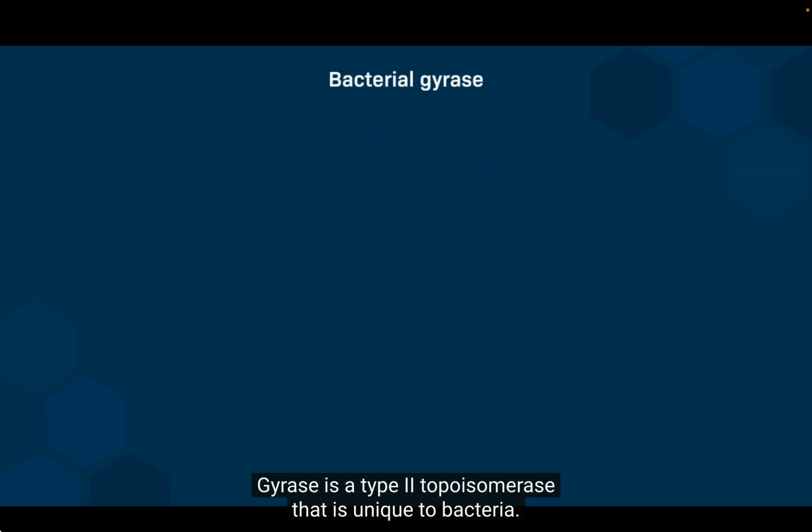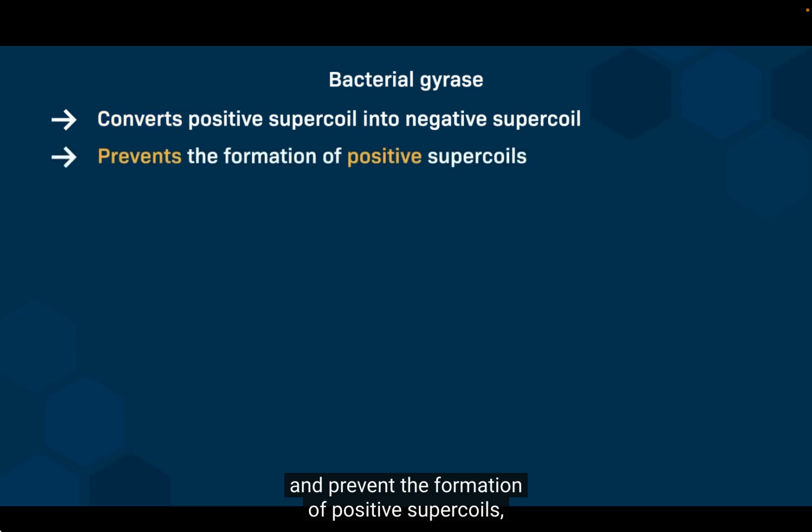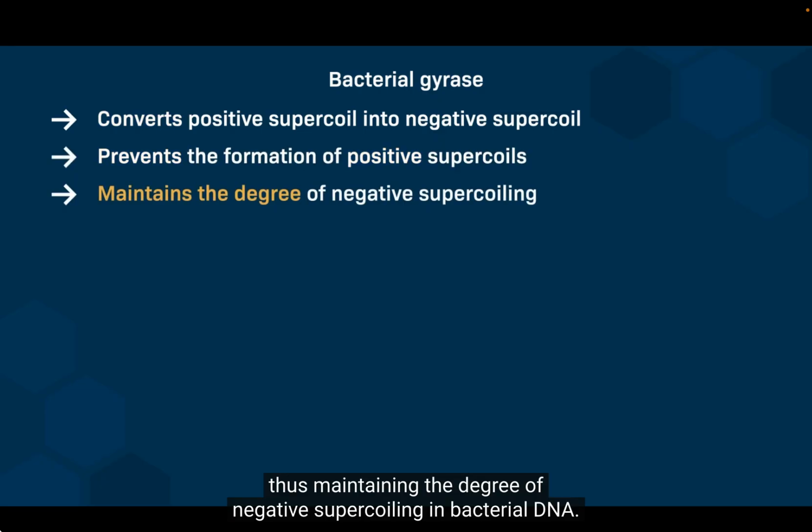Gyrase is a type II topoisomerase that is unique to bacteria. It can convert positive supercoils into negative ones and prevent the formation of positive supercoils, thus maintaining the degree of negative supercoiling in bacterial DNA.